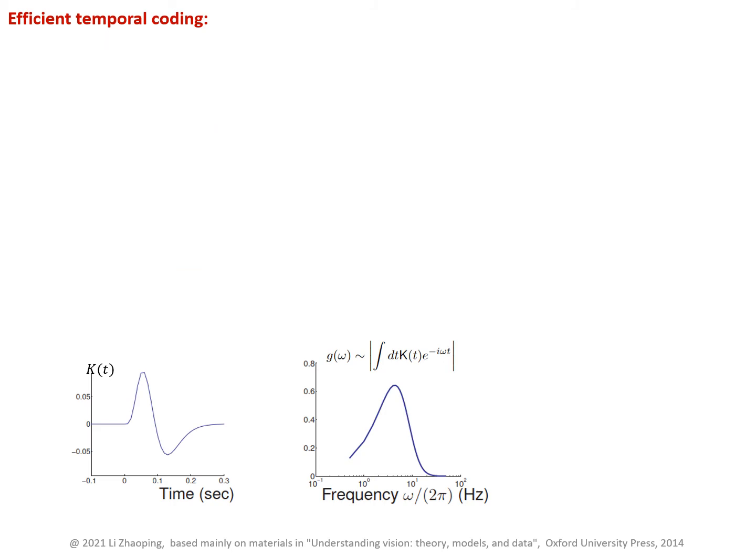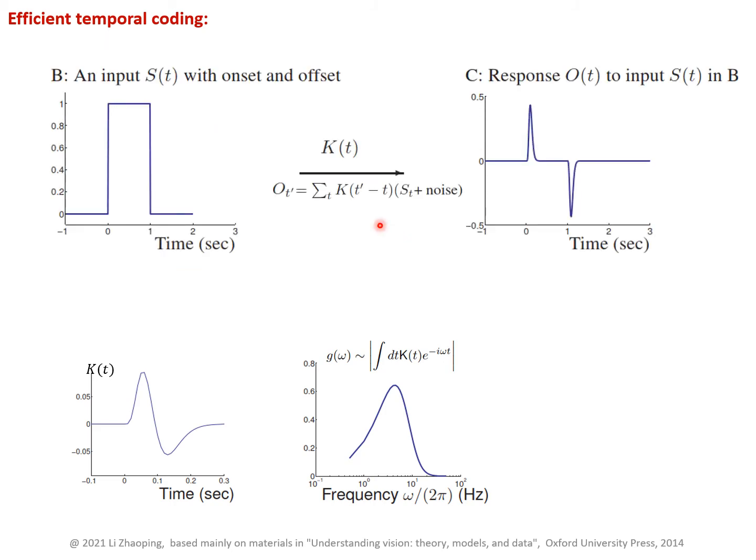Let's apply the temporal filter to this input example. The input signal onsets at time 0, stays on, and then offsets at time t equal to 1 second.